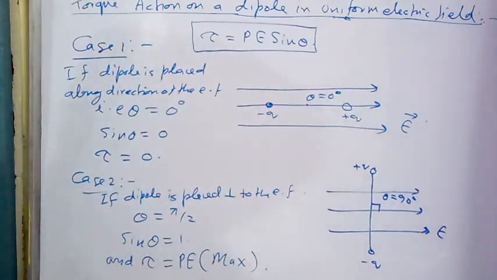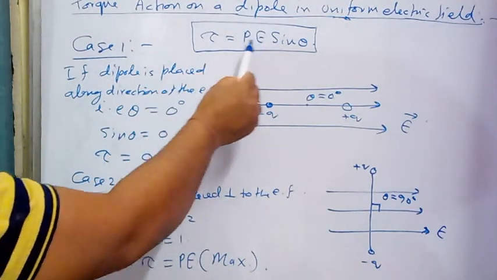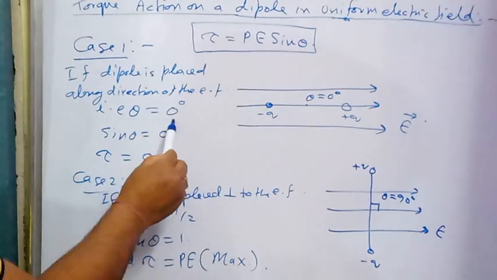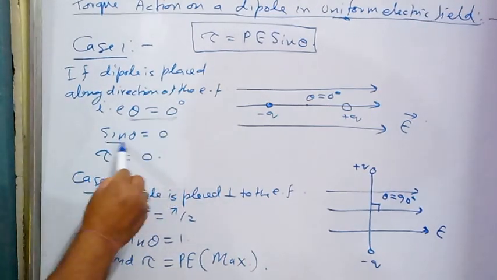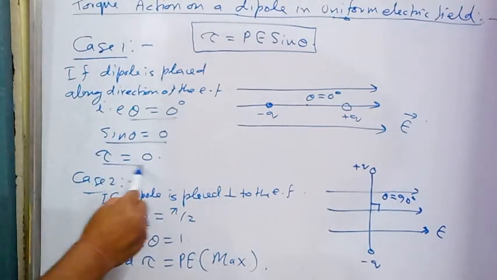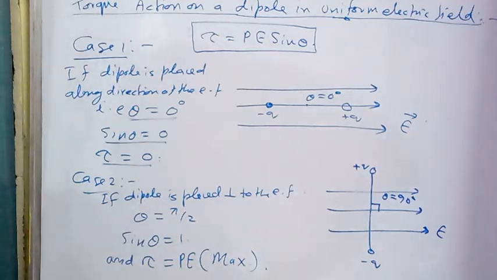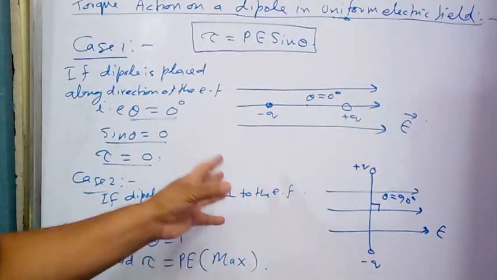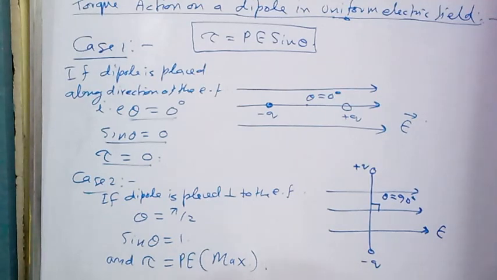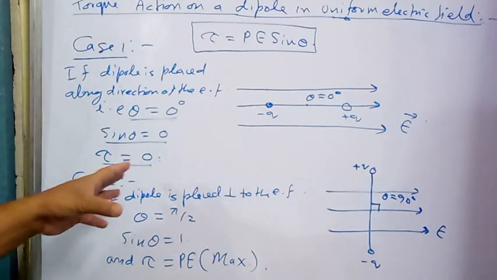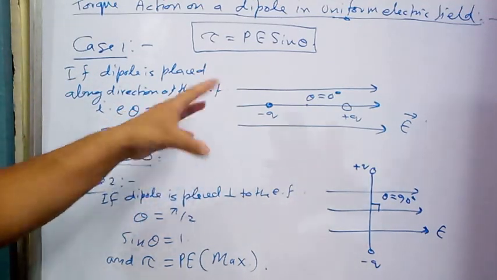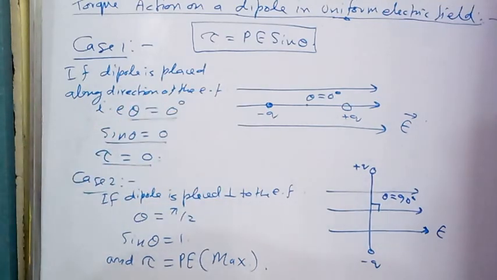The formula for the torque acting on the dipole is tau equals PE sin theta. So if theta equals 0 degree, sin theta becomes 0 and torque acting on the dipole is 0. It means if the dipole is already placed along the direction of the electric field itself, there is no torque acting on the dipole to rotate it in the direction of the electric field.